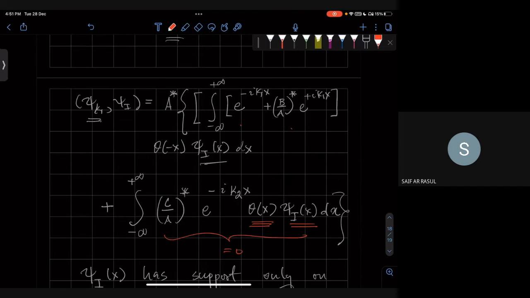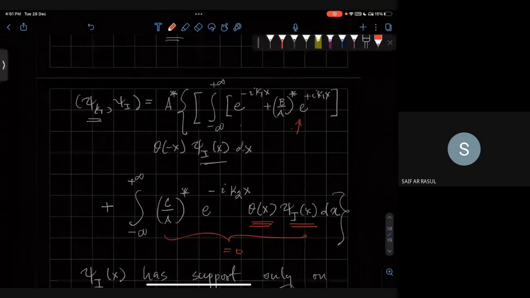The second term can also be shown to vanish. And why is that?